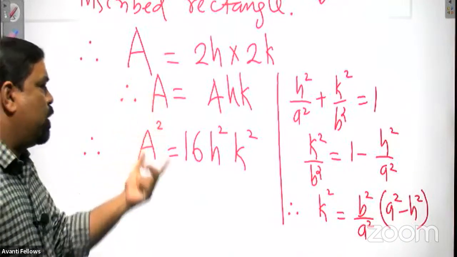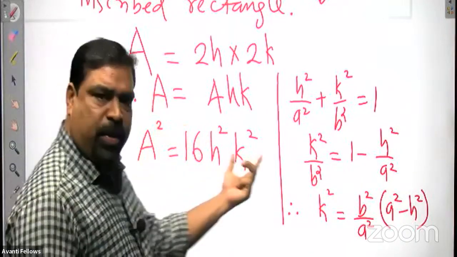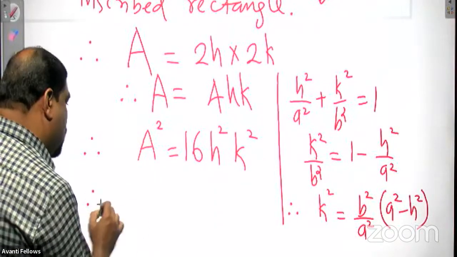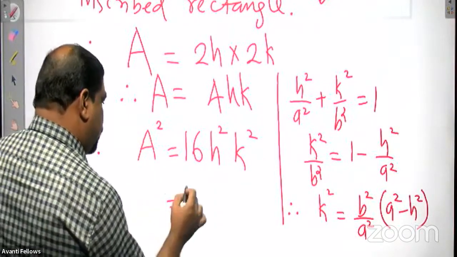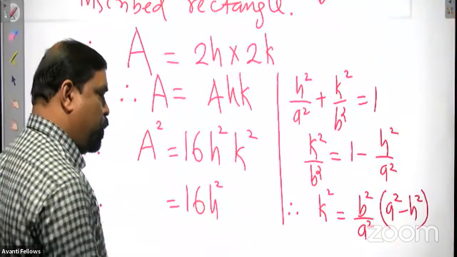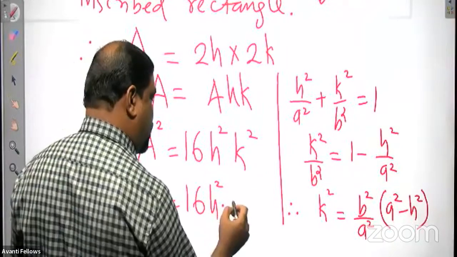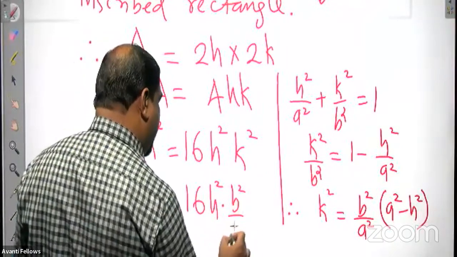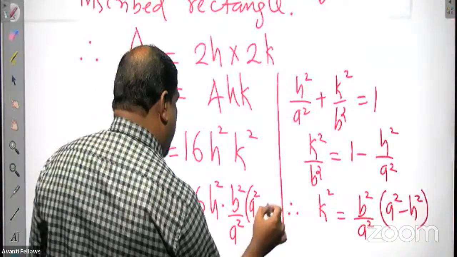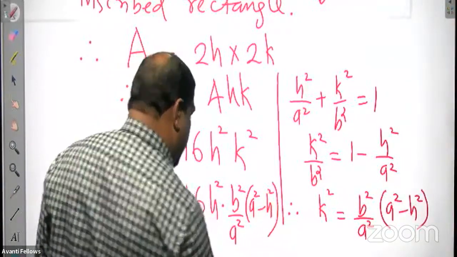So A square is equal to 16 h square k square, and that's equal to 16 h square into k square. k square is what? b square by a square into a square minus h square.